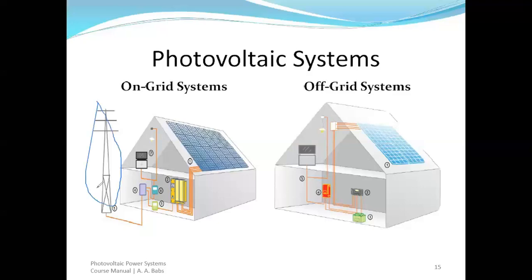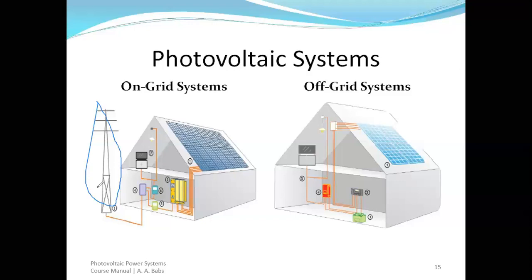The second configuration we have for photovoltaic systems is the off-grid systems. It is also referred to as standalone systems, standalone or off-grid because it is not connected to the grid at all. You install it and that is just it. You don't connect it to the grid.